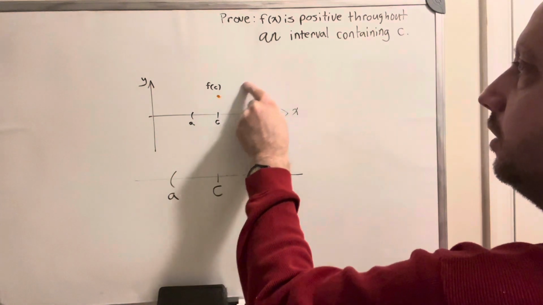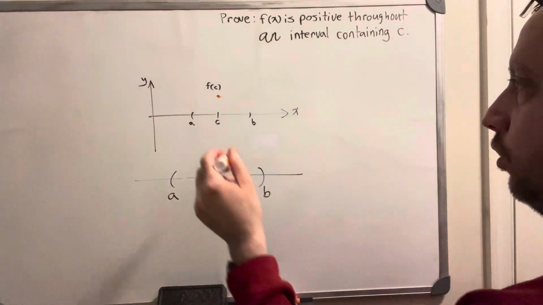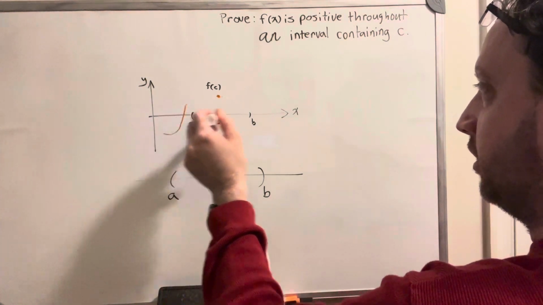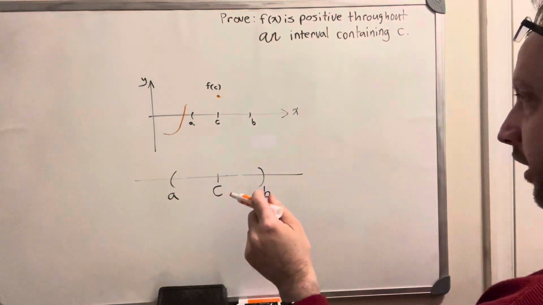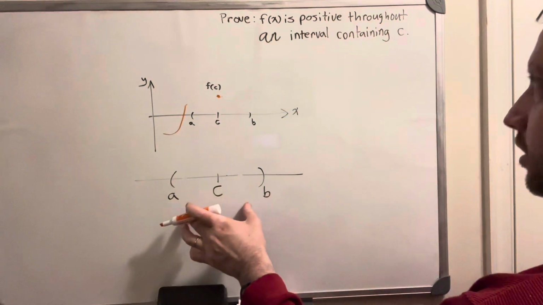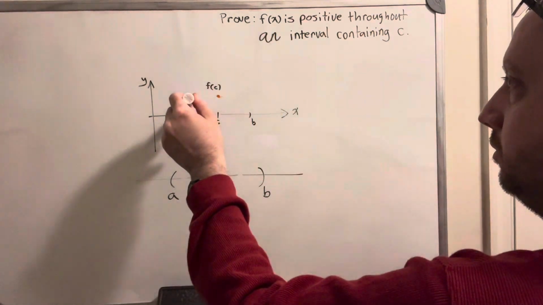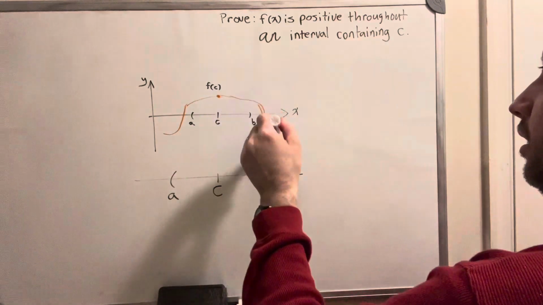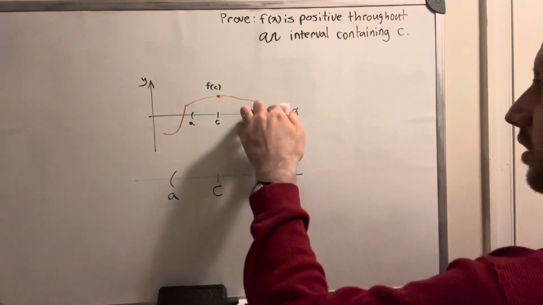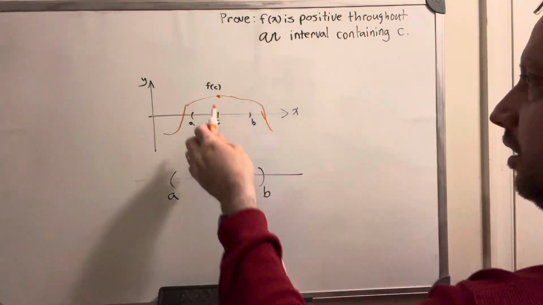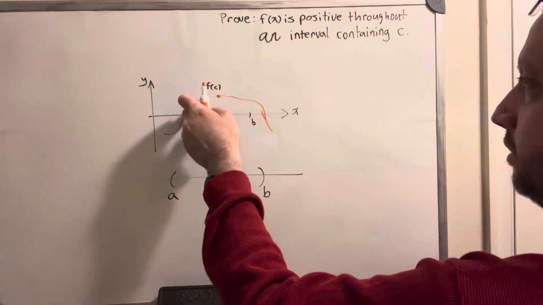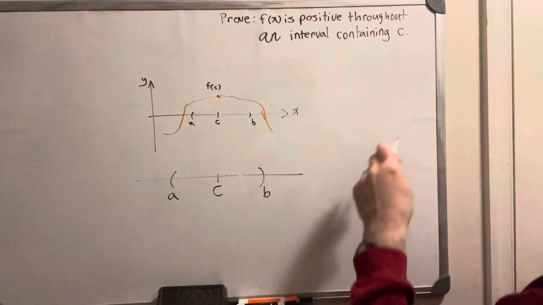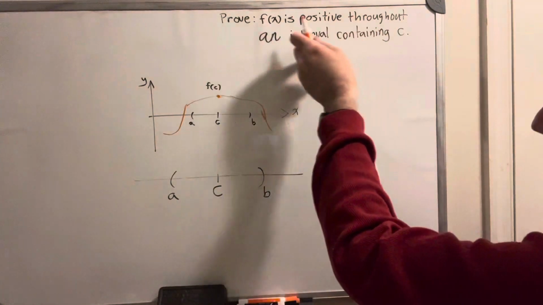If the function were negative and then it got positive before it even went into the open interval that we established exists in the first part of the problem, and then it went negative again after, then we could prove that the function is positive throughout this whole open interval, which would follow, then this consequent would be true.